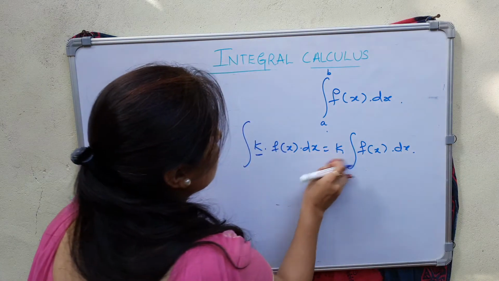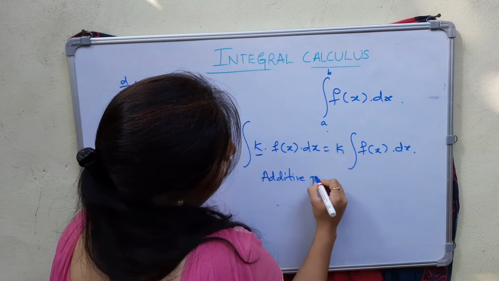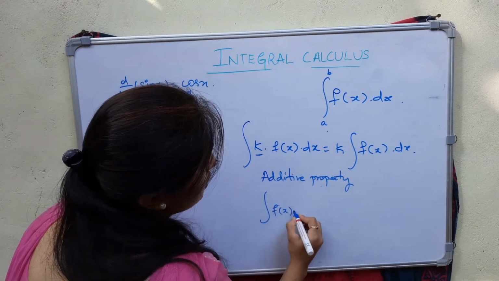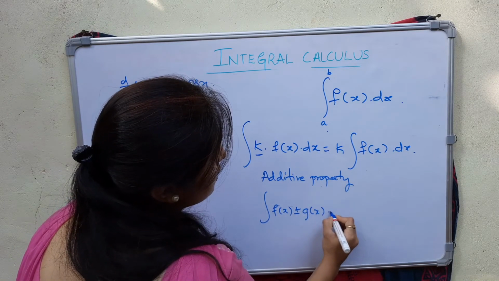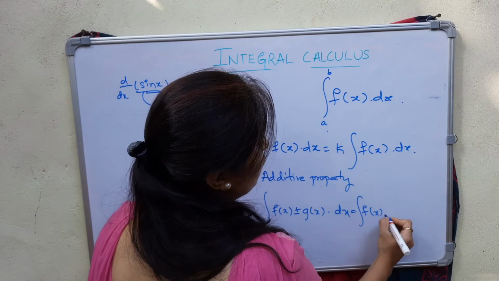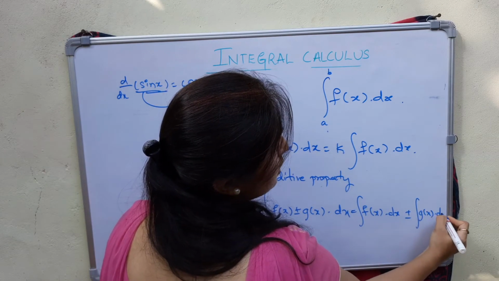Then we have the additive property. The integration of f of x plus or minus g of x dx is equal to the integration of f of x dx plus or minus the integration of g of x dx.